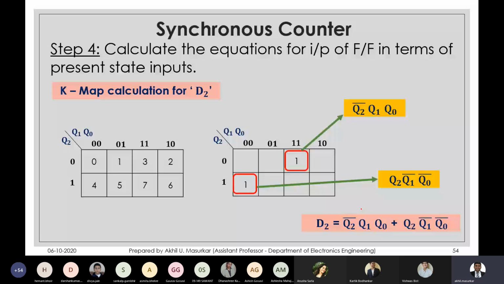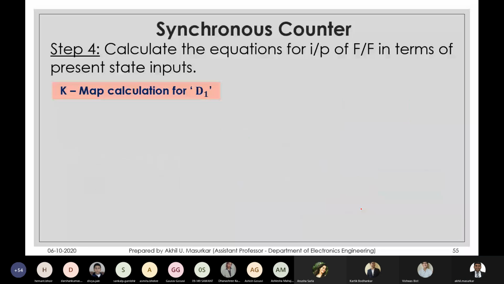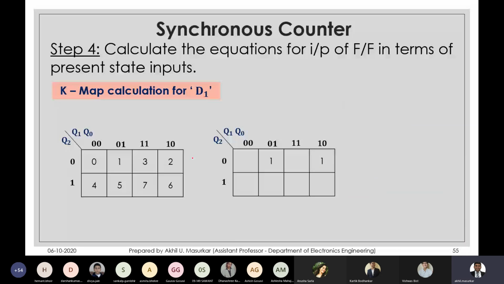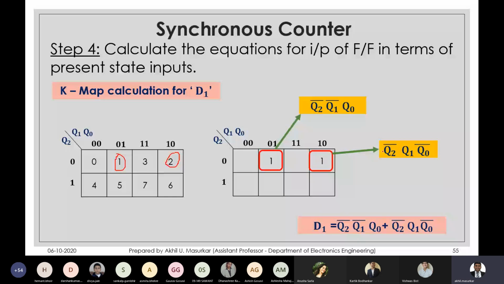So next is D1. For D1, again here we are having a 1 here and here, 1 and 2. So again we have two isolated cells. So D1 will be as given here. So this will be D1.